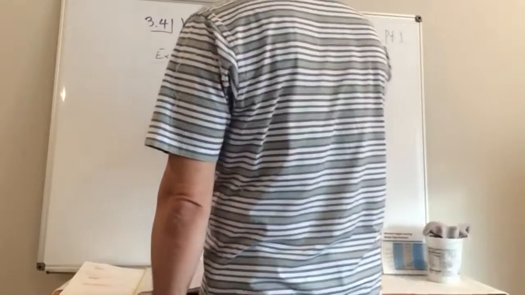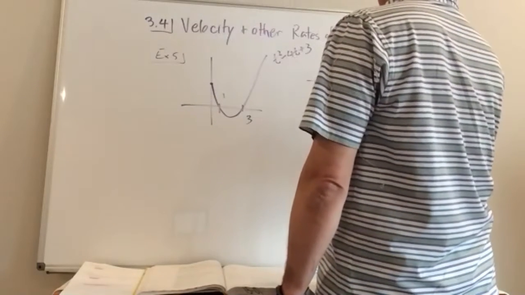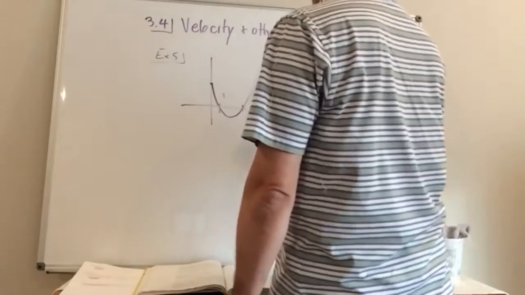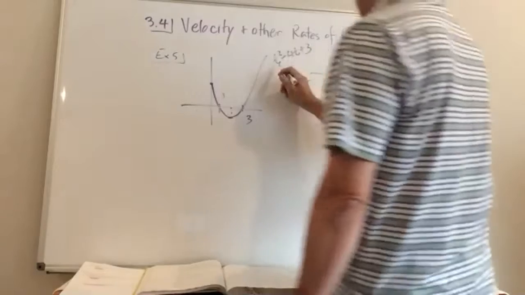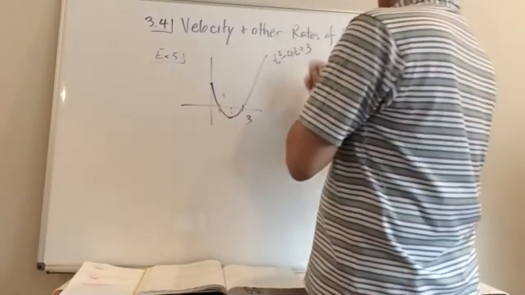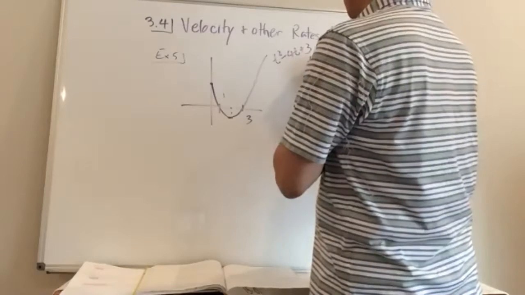So the particle starts at position 3. It's going to go backwards to, at t equal to 2, negative 1. So this is t is equal to 2.